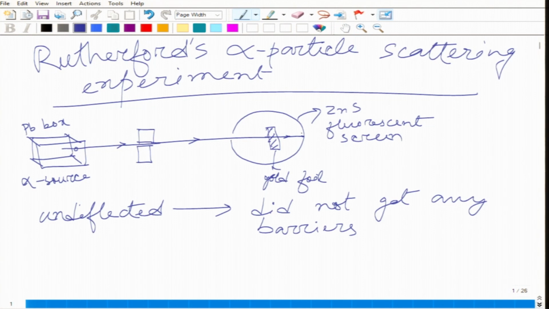That's why they remained undeflected. So, from this, Rutherford gave a postulate that most of the space inside an atom is empty.